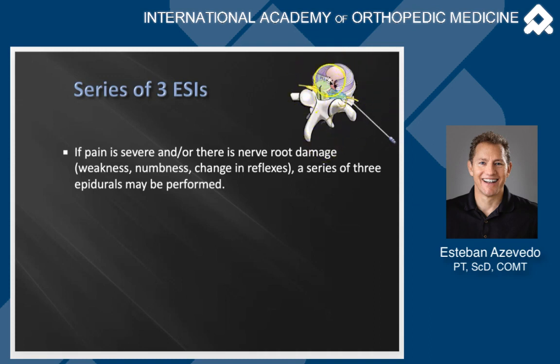Because often when the disc material is on the nerve root, physical therapy is not as effective. We can't do as much for you because the disc is already leaking through onto the nerve root. In most other cases of back pain, we can be effective day one, even before the injection's been done. But I like, if someone has a disc extrusion, a steroid dose pack, some oral steroids, or getting this epidural as soon as possible.